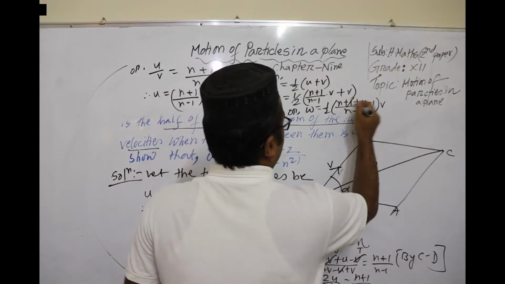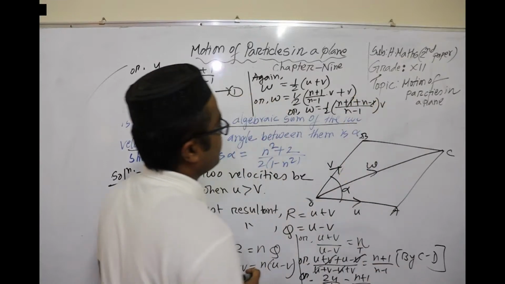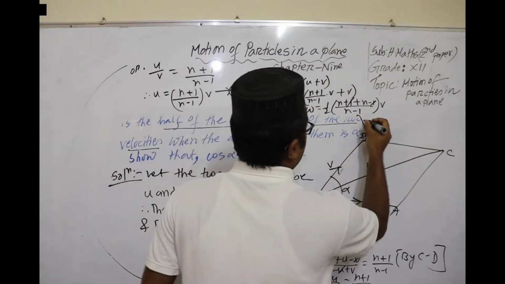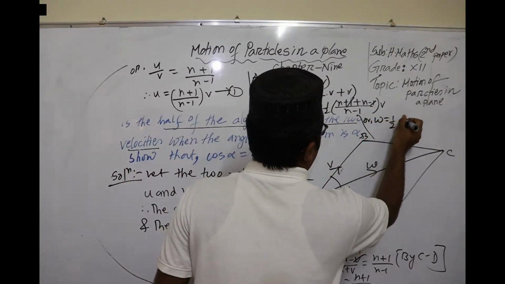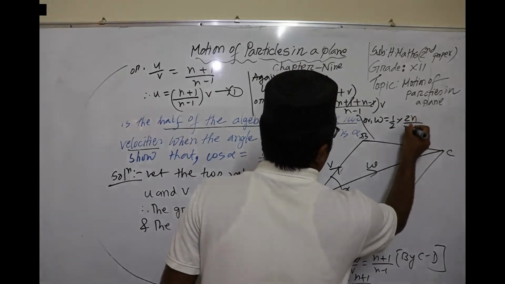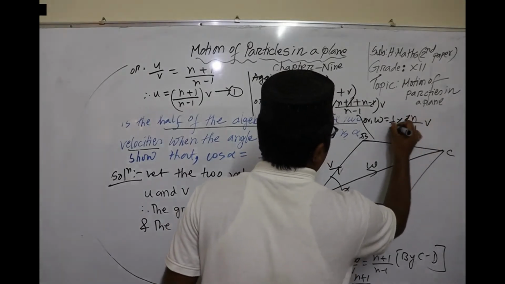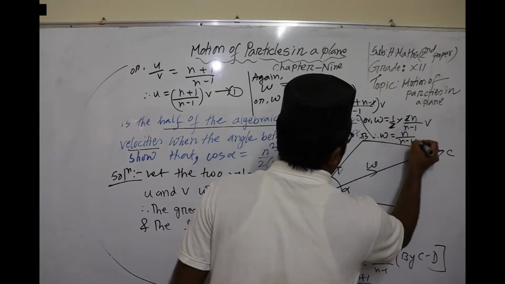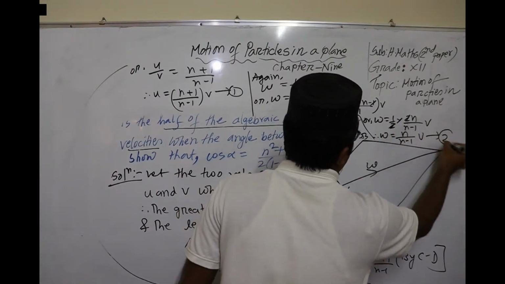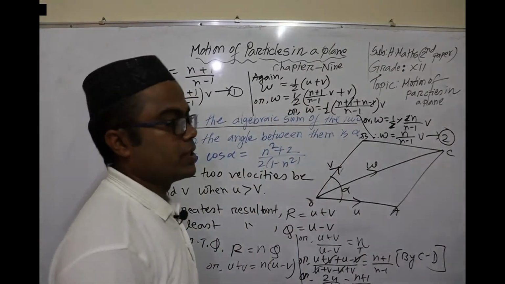Then plus 1 minus 1 goes to cancel, you will get w equal to half of 2n by (n minus 1) into v, 2 to cut. Therefore, w equal to n by (n minus 1) into v. This one you can consider equation 2.